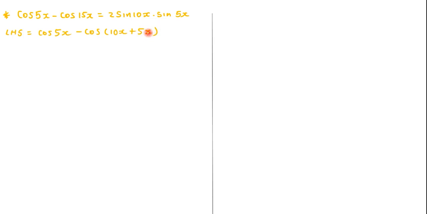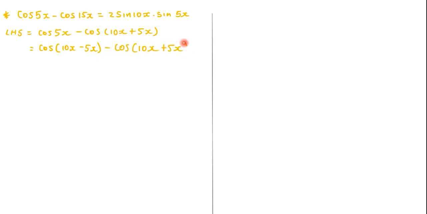Now when we do that, we must also make sure that we get the very same thing on this side. So now here we have 5x, so is there a way that we can change 5x into 10x and 5x? Yes, there is a way. So that way we can easily take 10x and then subtract 5x for this part. So now here we're going to be having two things like that.